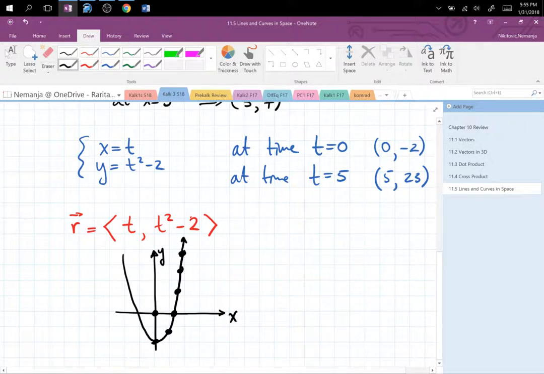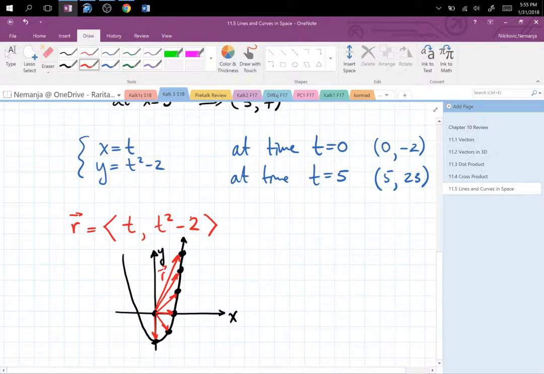Now this obviously goes forever. And now I am going to draw vector r. So as you can see, all of these are obviously vector r, because vector r is now a function.